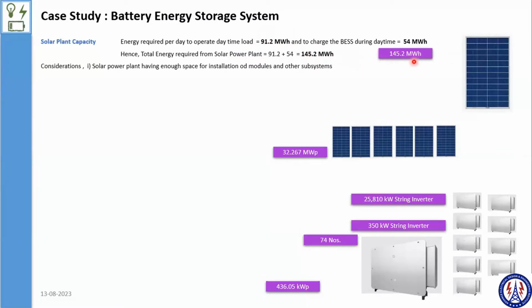This is what I am expecting as the generation from my solar power plant. If you calculate the system directly based upon your initial thought, 80% to reduce down the load, then your plant might be undersized, because you have not considered the battery energy which you need to produce from the plant.